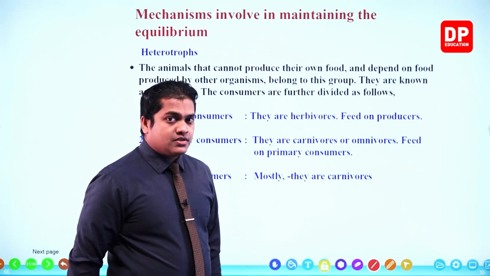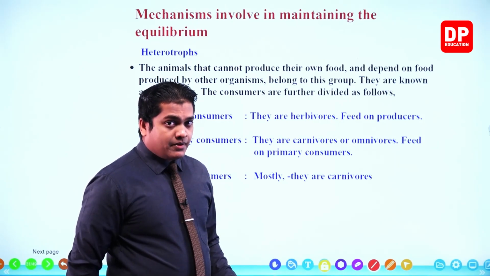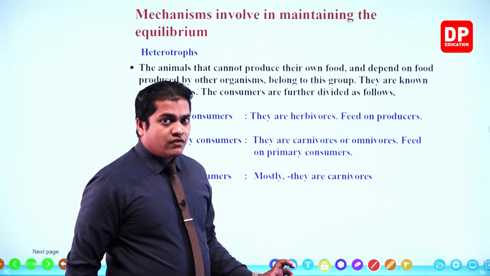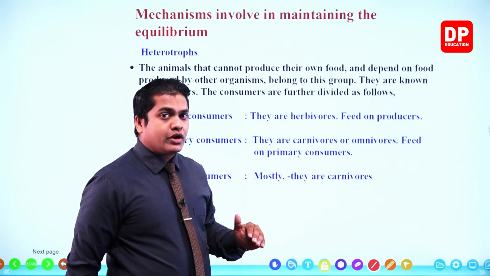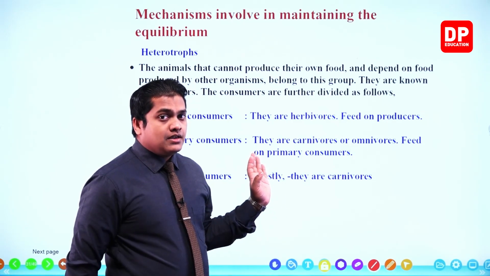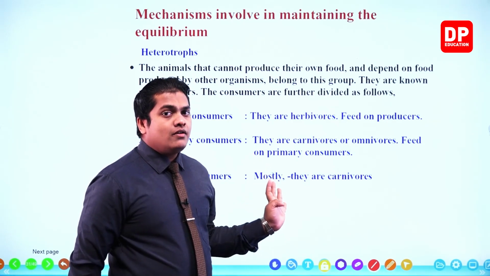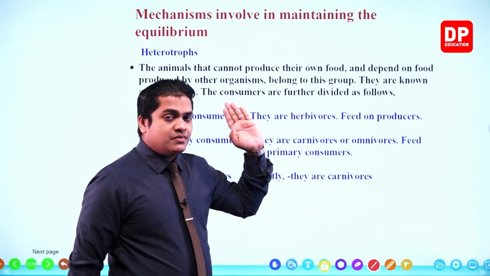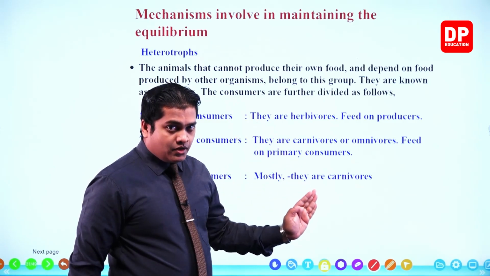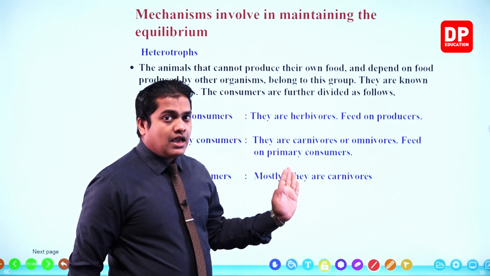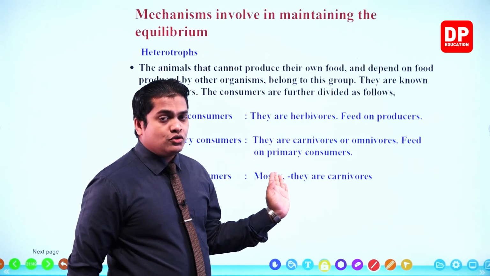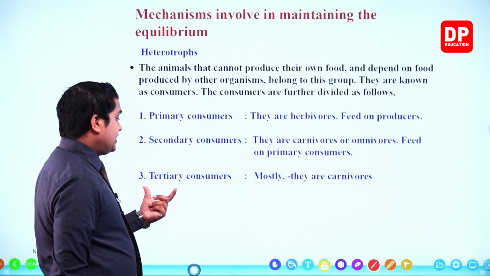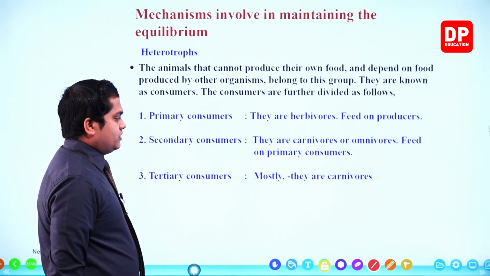Primary consumers feed on autotrophic organisms, which produce the food. Then these secondary consumers depend on primary consumers. So the energy is being transferred, right? Energy is being transported from autotrophic organisms, which are plants and algae, towards the primary consumer and then to the secondary consumer. Then the third one, my dear children, the tertiary consumers.